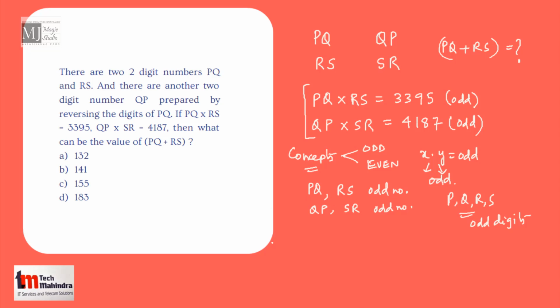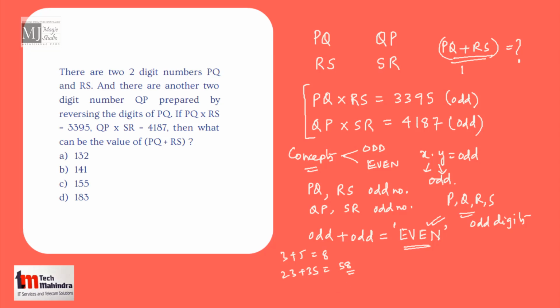Now, since these are odd numbers comprising odd digits only, when I add two odd numbers, the addition result should always be an even number. If I add two odd numbers, the result is always even, isn't it? 3 plus 5 is 8, or 23 plus 35 is 58.